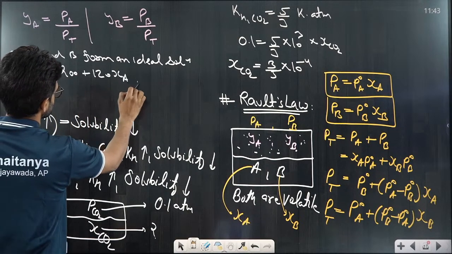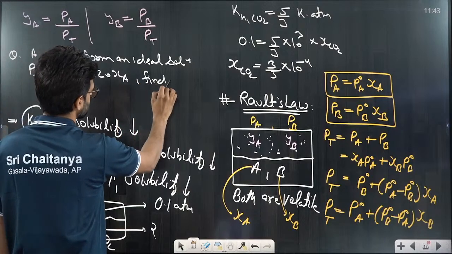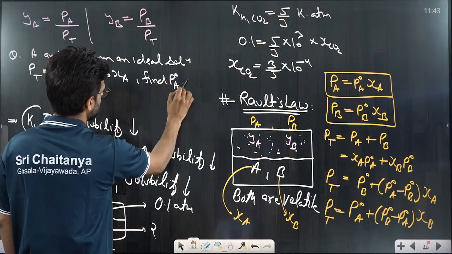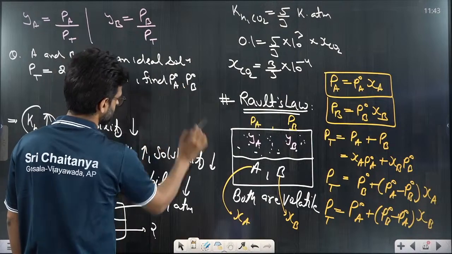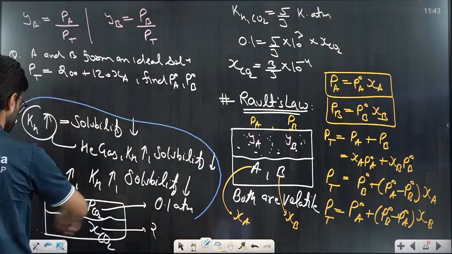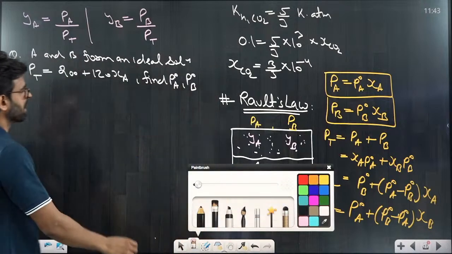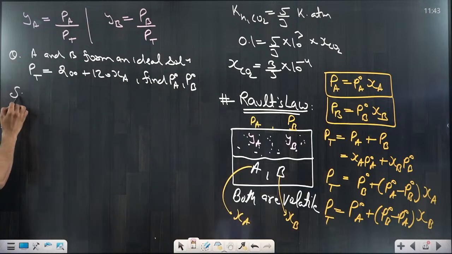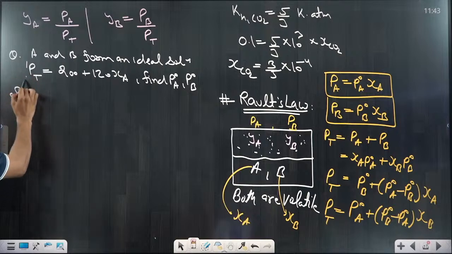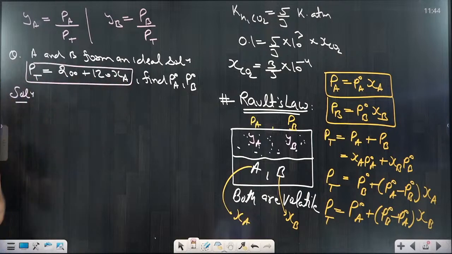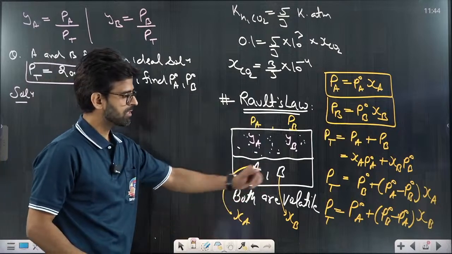They are asking to find P naught A and P naught B. By this expression you have to find them. You see carefully, they have given the expression only in terms of XA, so you can take help of this one.